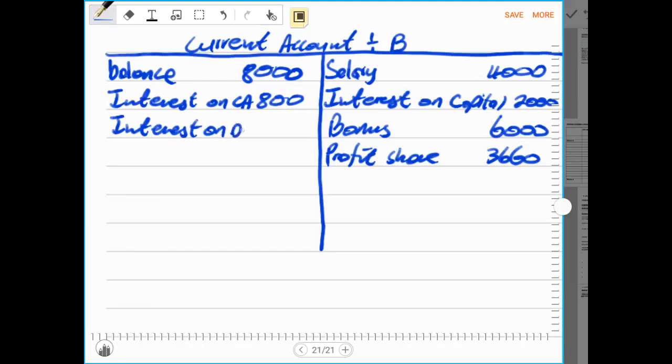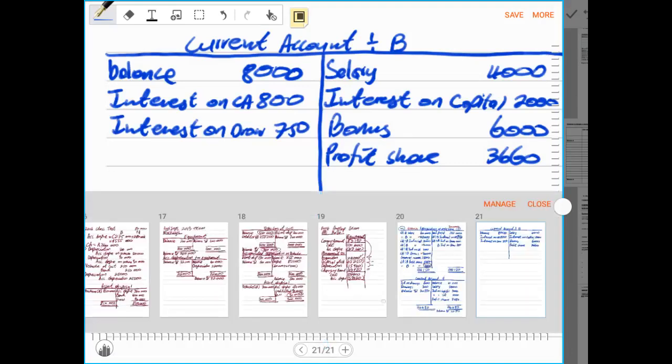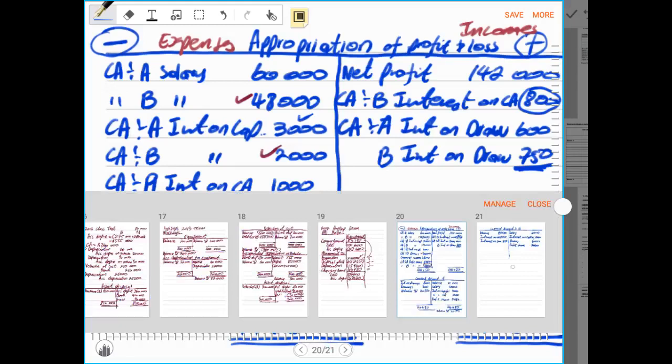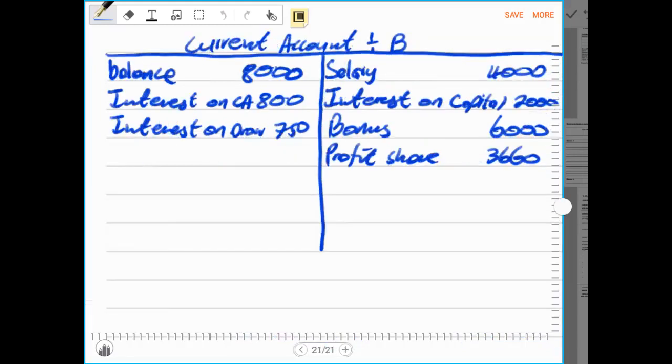Interest on drawings is given to be 750 rands. 750 is the interest on drawings for partner B. Then after, we record the amount of drawings. Remember, drawings are closed off to current account at the end of the year.